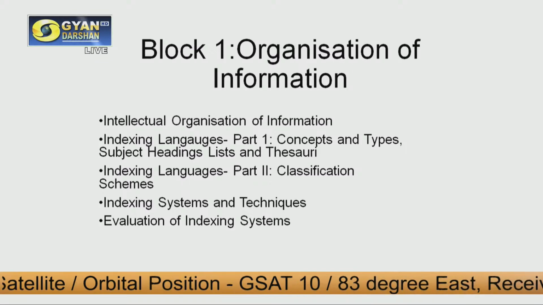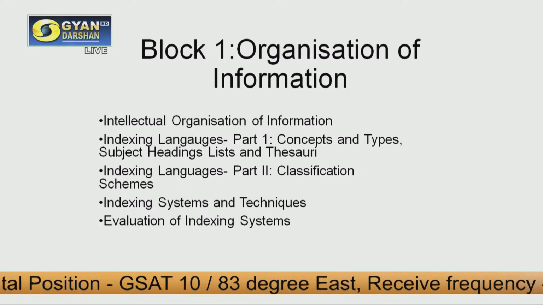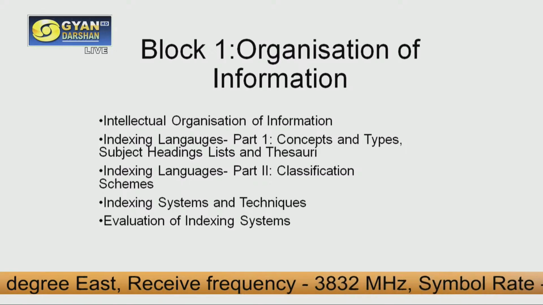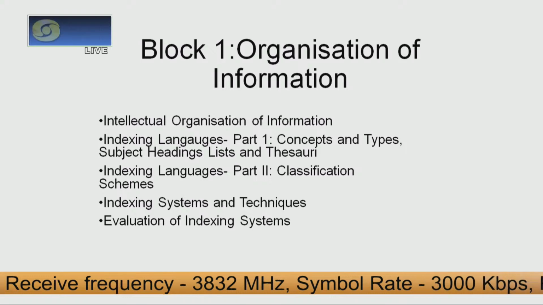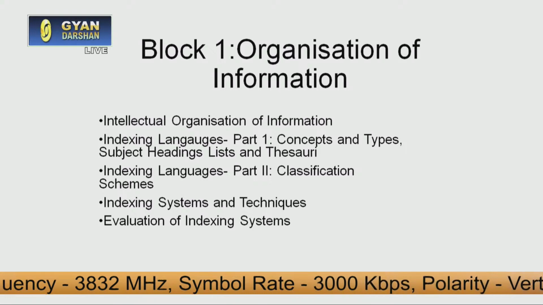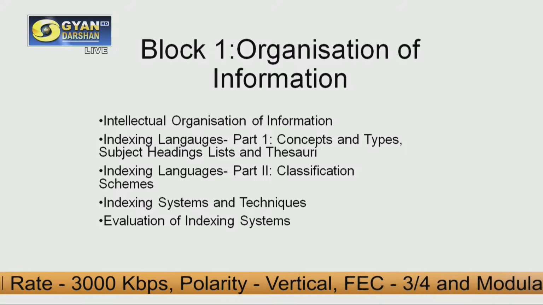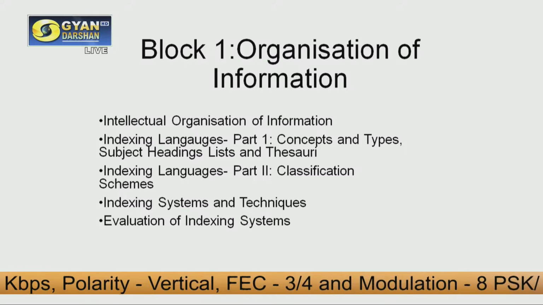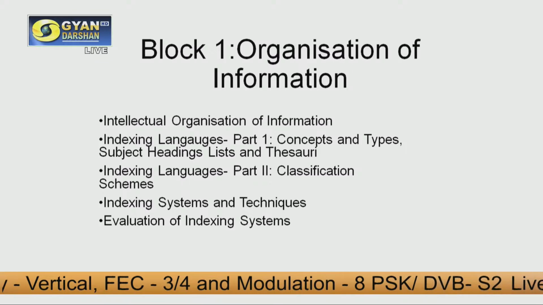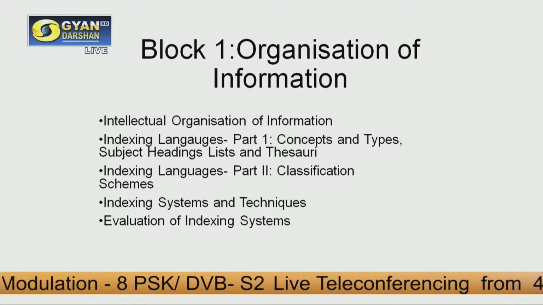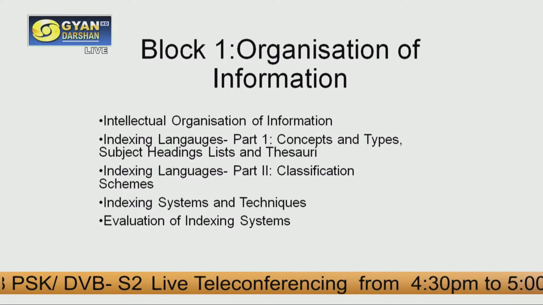Then we'll discuss indexing languages in 2 different units. We have to divide this into 2 units because this is a little voluminous, and thematically we have divided this into 2. The first unit talks about thesauri and also subject heading lists, whereas unit 3, which is part 2 of indexing languages, talks about classification schemes.